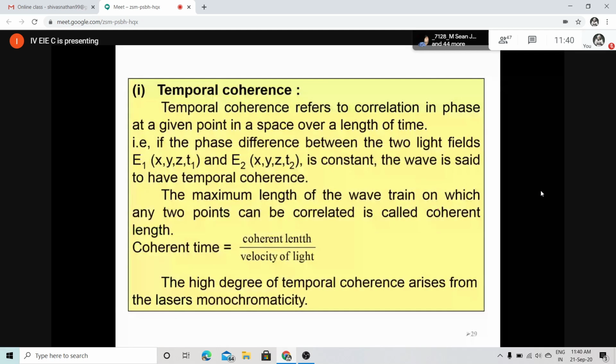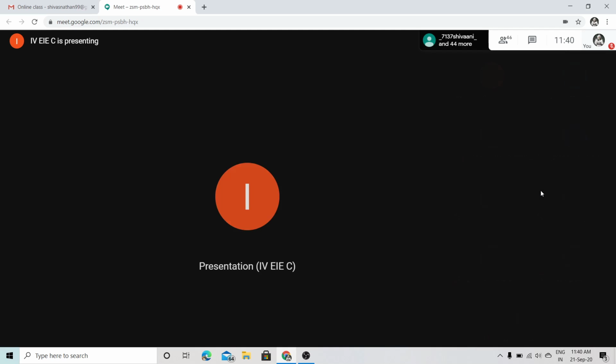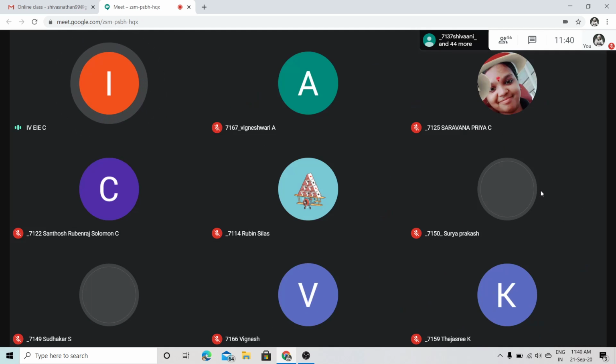So when we talk about temporal coherence, what is temporal coherence? It is the correlation in phase with respect to a given point in space over a length of time. I will put up a window before you so that it will be easy for you to understand.